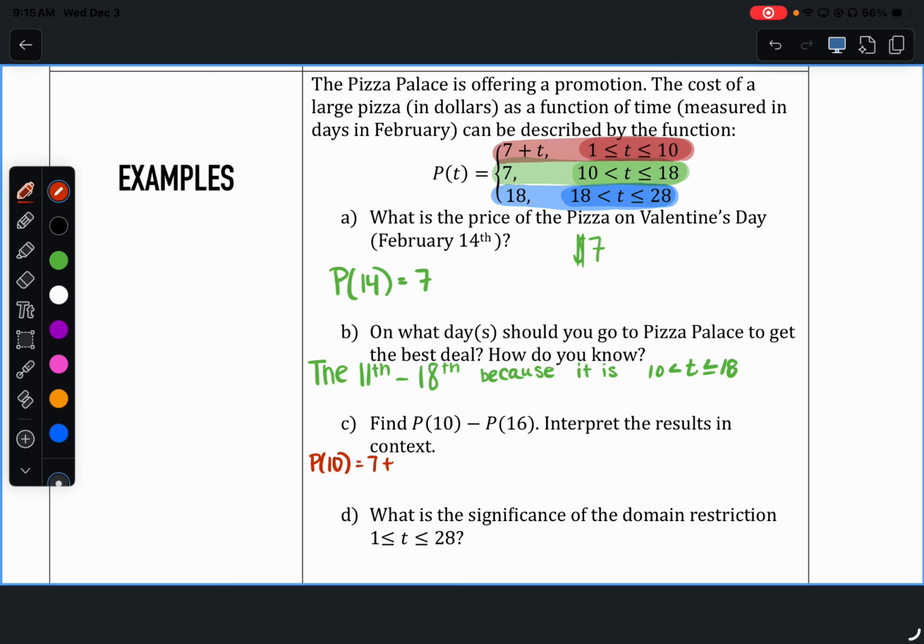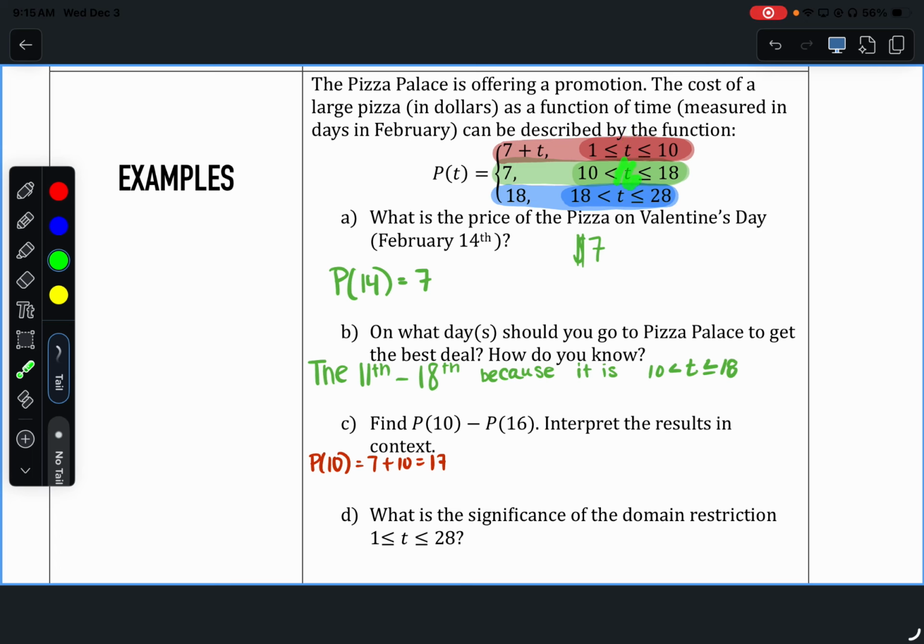What does it get when it gets an or equal to part? Closed. Okay, so we drew the first piece from 7 plus t from 1 to 10.